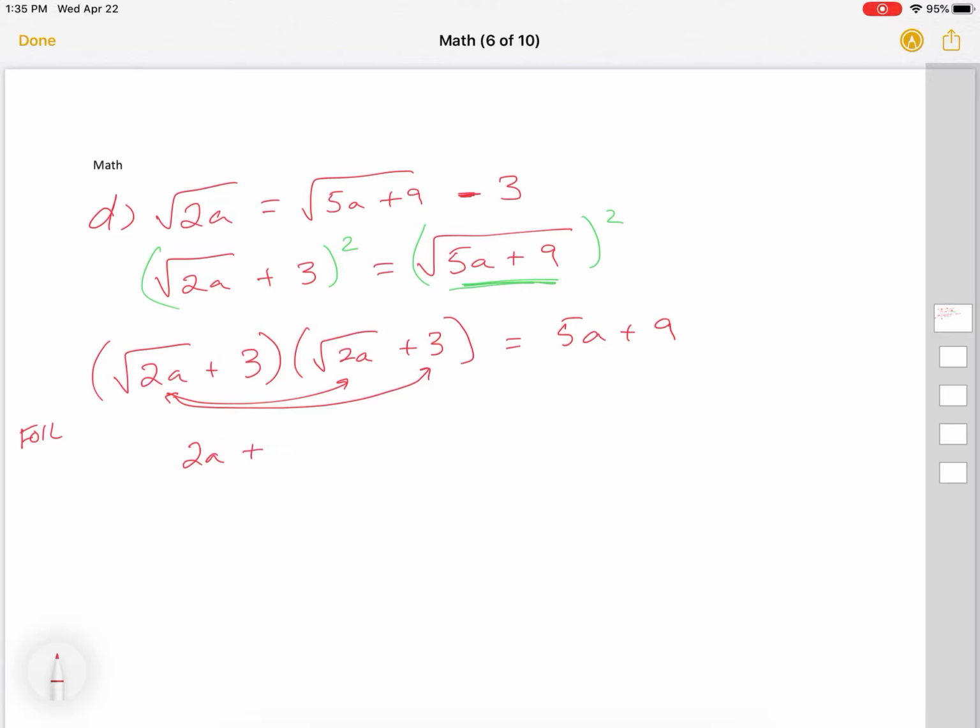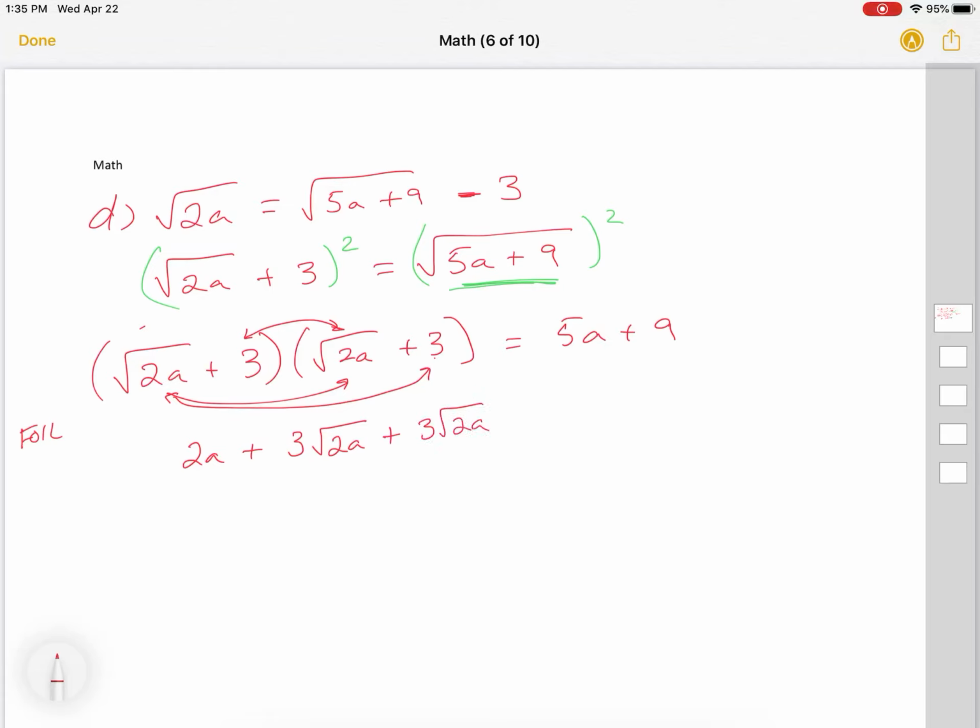The outer is root 2a times 3. So it's always coefficient times coefficient, radicand times radicand. So the 3 would be outside the radical and the 2a would stay underneath. So basically I'm saying I have 3 root 2a's. Then we do our inner.